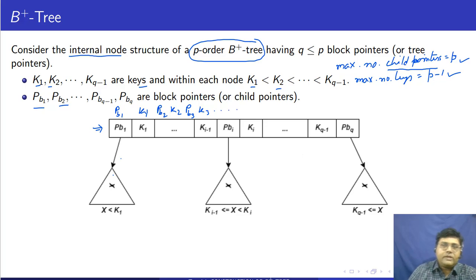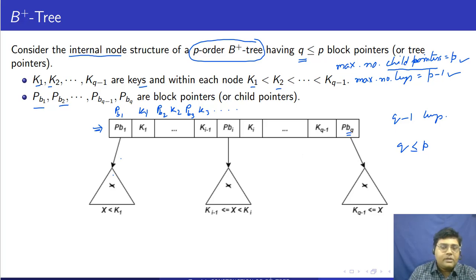For the time being, we consider Q number of tree pointers or block pointers. In that case, we'll have Q minus 1 keys. And Q must be less than or equal to P, because P is the maximum number of child pointers or block pointers we can have per node. Specifically, we are talking about the internal nodes here.